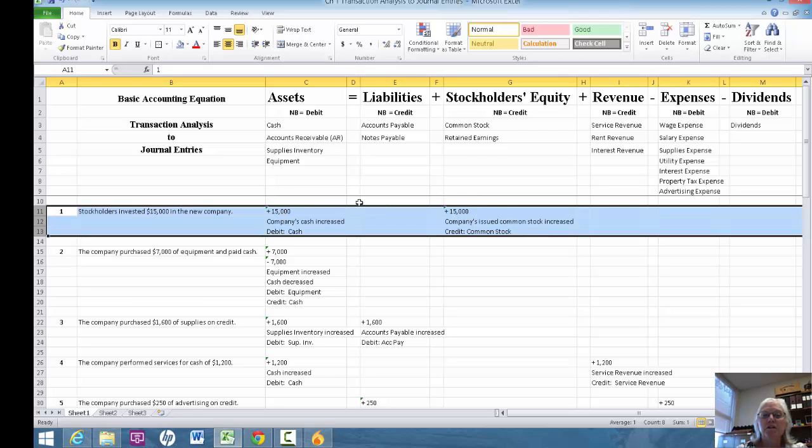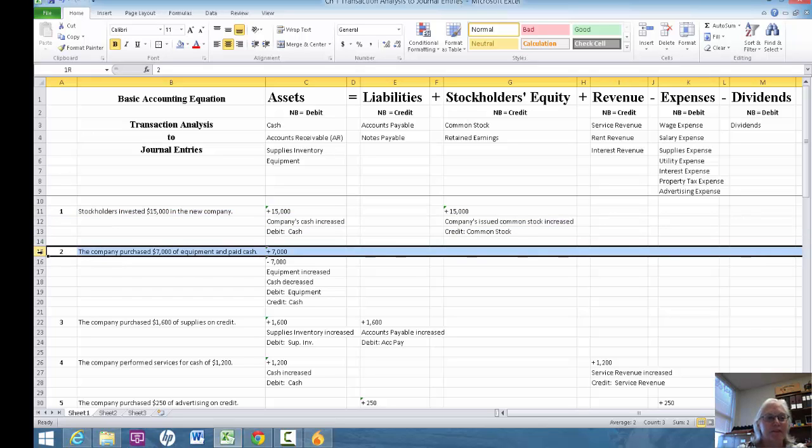So 15 equals 15. If the company's cash increased, we're going to debit cash. You increase with the normal balance. And common stock also increased, which is a credit because the normal balance of common stock is a credit.